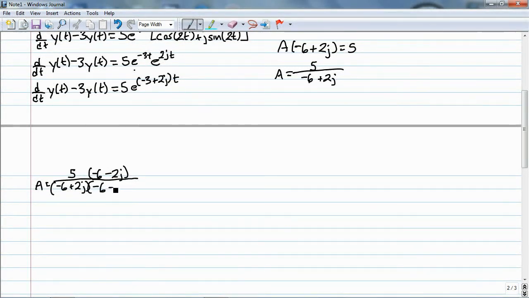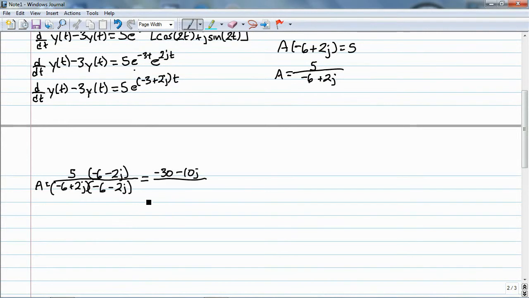And the conjugate is just the complex number, but you change the sign of the imaginary part. And do the top. It's minus 30 minus 10j.